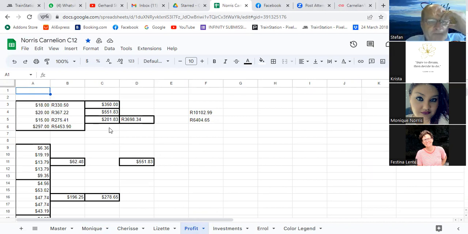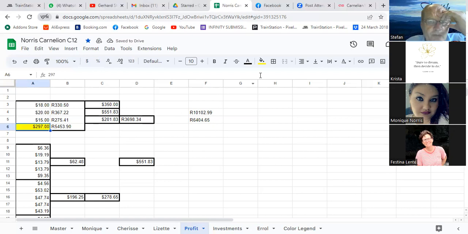Then I deducted the totals that we put in, which is the 4 blocks right at the top, which was the $18, $20, and $15 we started all 3 pages off with, and then the $297 we put in, which accumulates to $351.